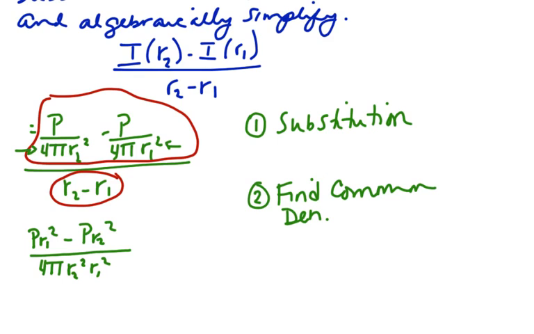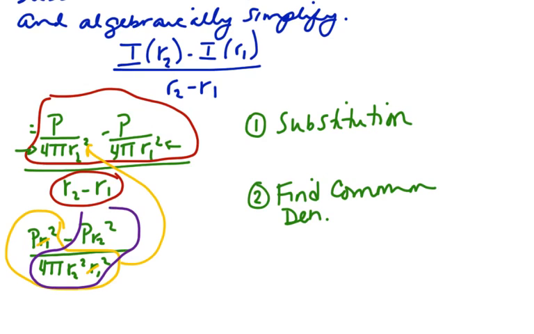One quick way to check this is to make sure that you get back to the original problem. If I cancel out the R1 squares, I get back to this. If I cancel out the R2s, I get back to here. So indeed we have this simplified and put under a common denominator.